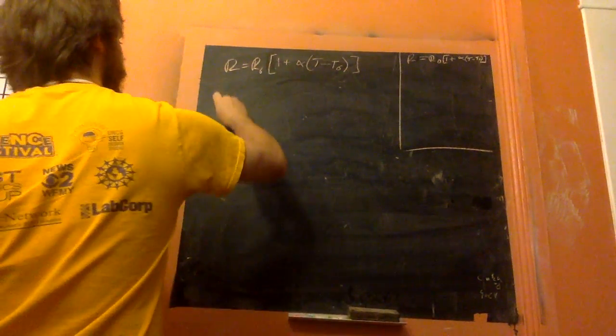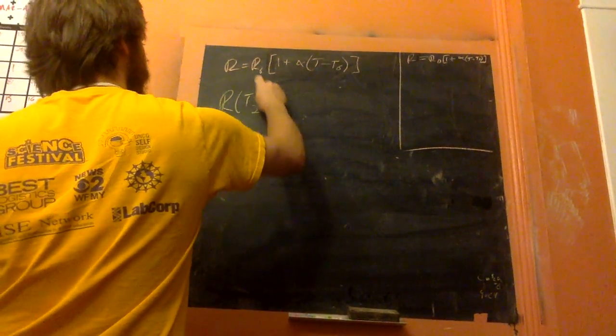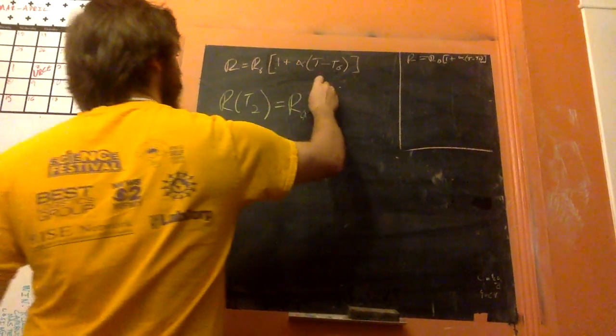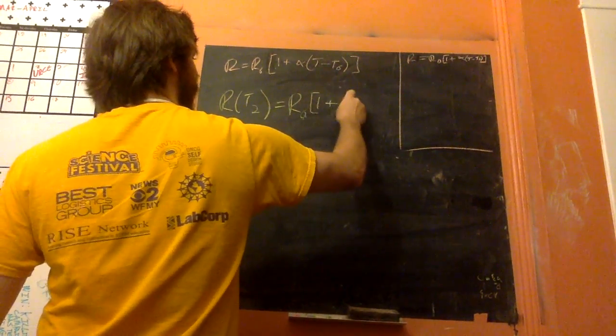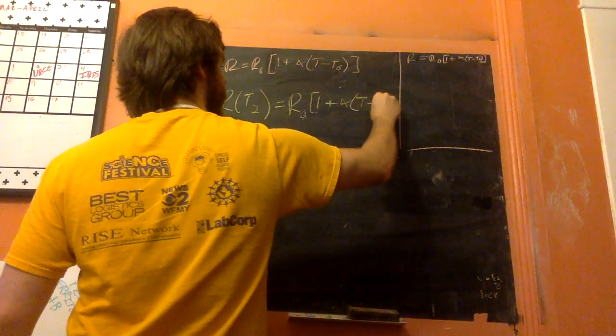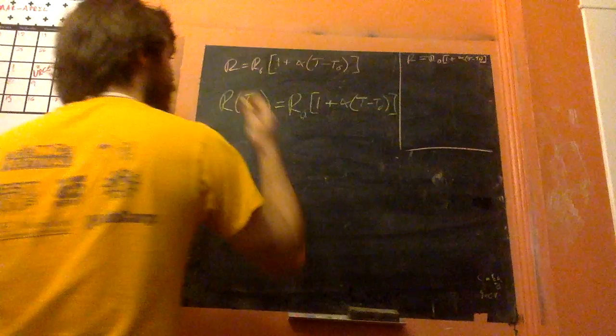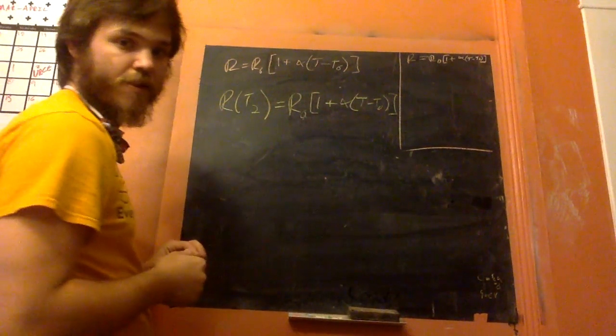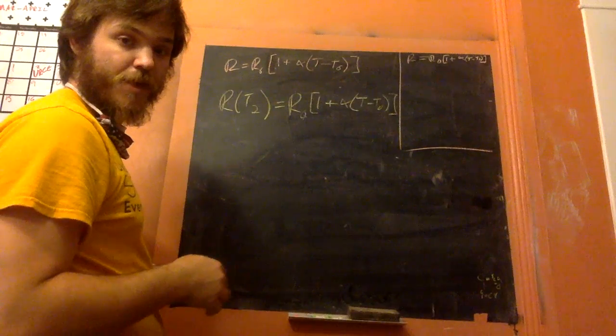We've got R of T2 is equal to R0 times 1 plus alpha times T minus T0. So to start, we want to find R0 to move forward with the problem.